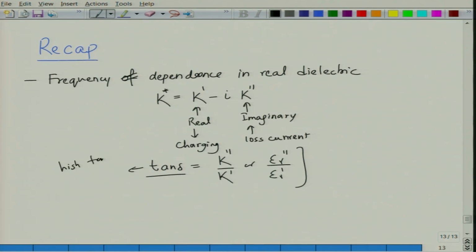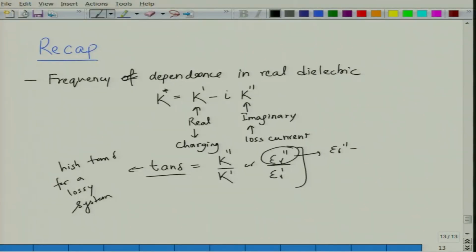Basically, it means that if your system has high epsilon r double prime, it has high frequency dependent loss current, and this also means that your power loss will increase.